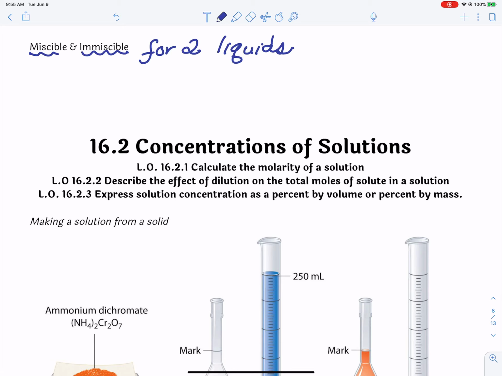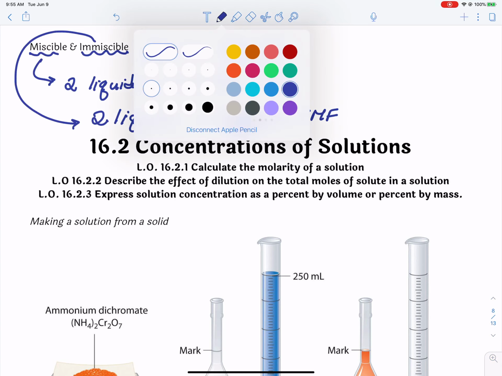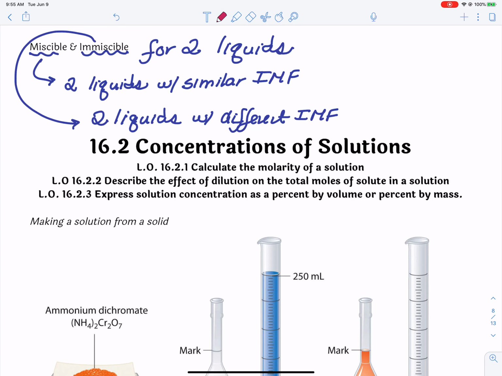So we use the words miscible and immiscible. Miscible would be two liquids with similar intermolecular forces. And immiscible would happen with two liquids with different intermolecular forces. So they wouldn't be attracted to each other, therefore they would not be able to mix.